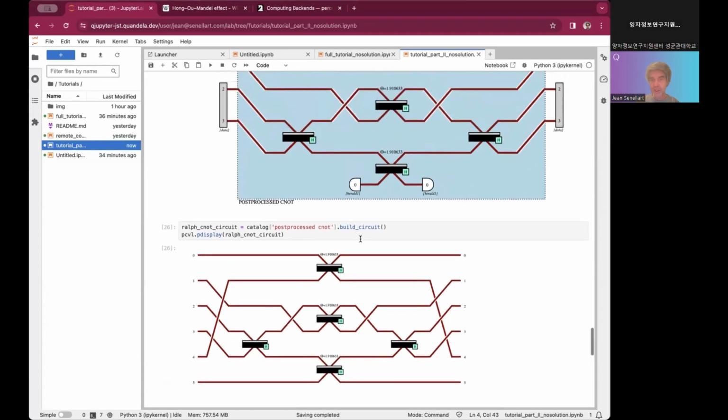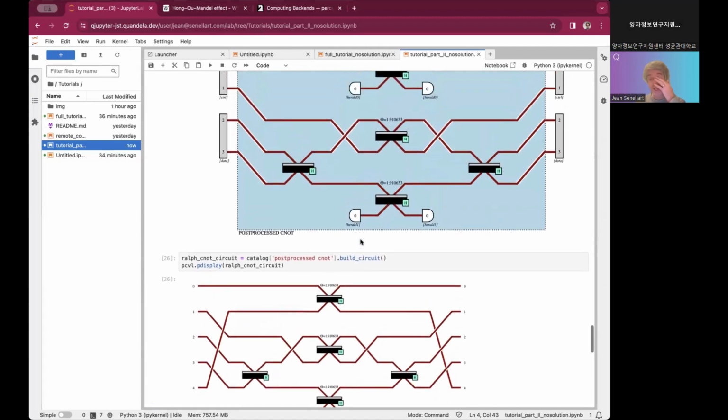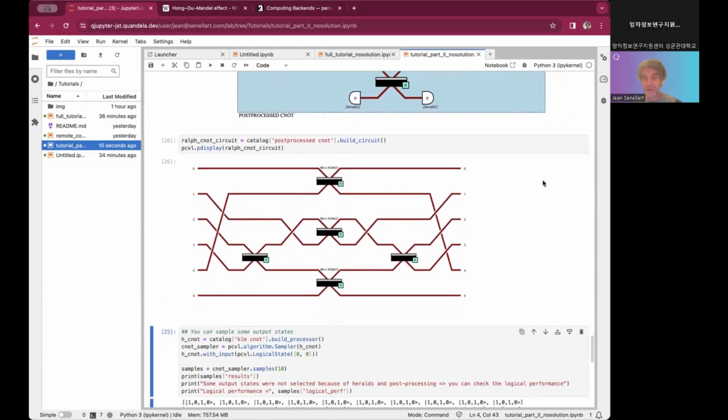When I'm using the processor, all the post-selection has been made. It will check that every state I get is a logical state, so it will remove all the states where there is a missing photon. This is very convenient because you don't have to do anything. You just let Perceval do the post-selection for you.